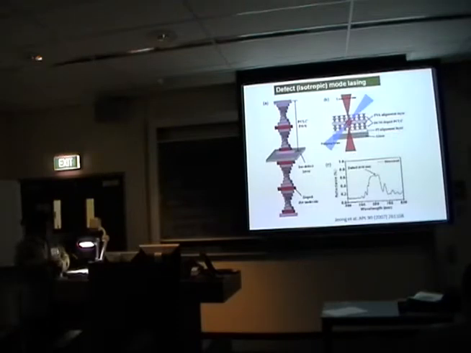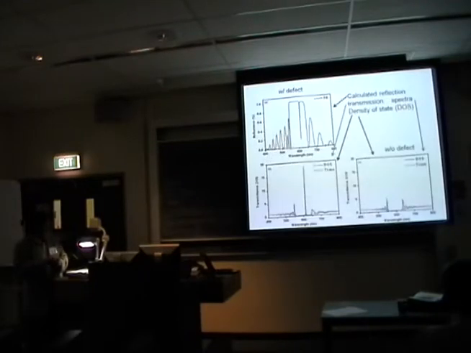And then we can observe the defect here. This is still simulation. This is the simulation of density of states. The density of states shows a very huge peak compared to the edge mode. So defect mode lasing is advantageous compared to edge mode lasing.